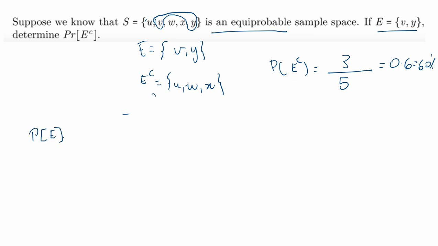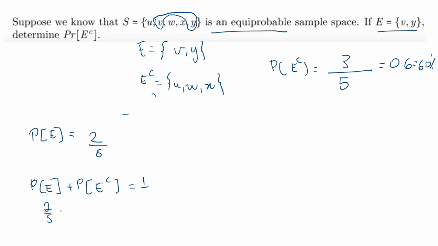The other way of calculating this is to first calculate the probability of E, because it's stated deliberately here, it's visual. The probability of E is 2 letters over 5, right? And then we use the complement rule, right? The probability of an event plus the probability of not that event has to sum up to 1.